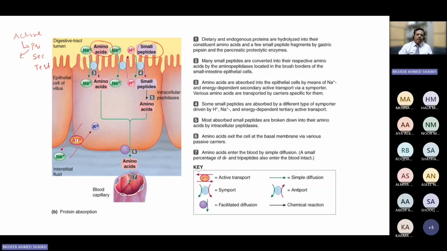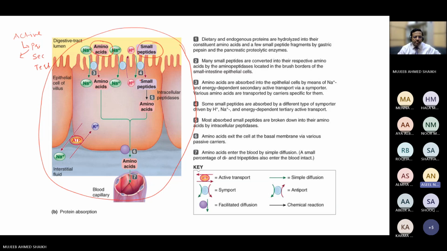Can you show me in this picture where primary active transport is taking place? Is there any place in the whole picture? Interstitial fluid and the cell. Sodium, potassium ATPase pump. Very good. Why did you say this is primary? Because it doesn't need any transporter. Eh?